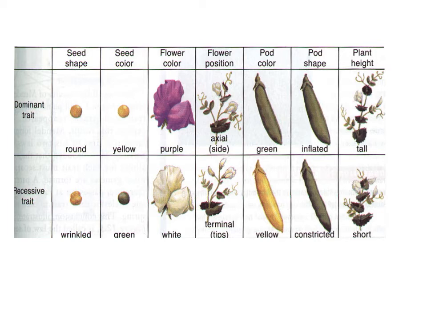Now, with that, let's define these two words. Dominant, meaning you need only one copy of an allele, or one copy for a particular trait, in order for that trait to be expressed. And that's what a dominant trait is. So, if I have big Y, little y, I will end up with yellow seed color.